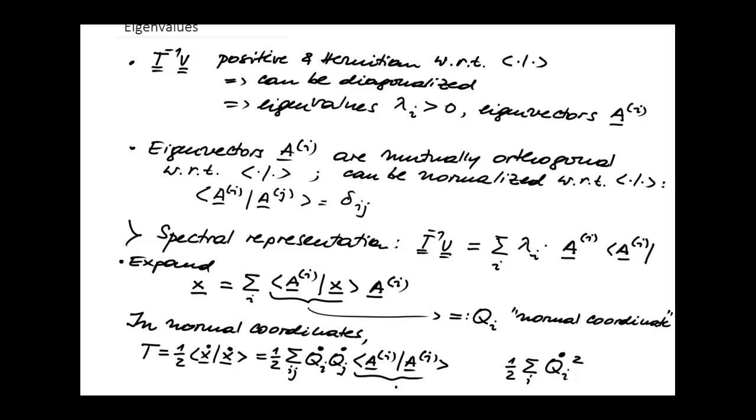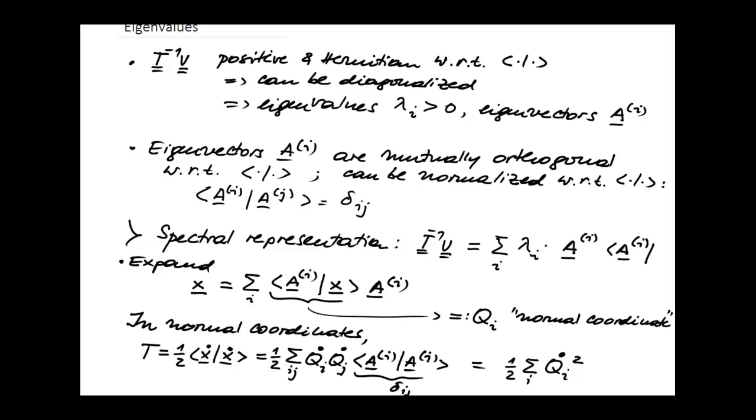Now this is an orthonormal basis, so this is the Kronecker delta. And what remains is the sum that I had written before. So in terms of the normal coordinates, the kinetic energy becomes very simple.